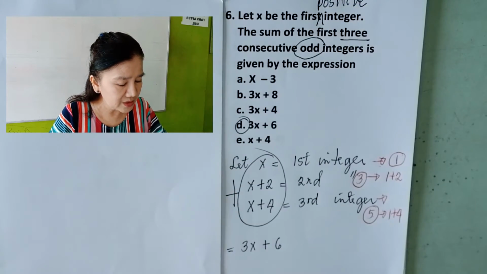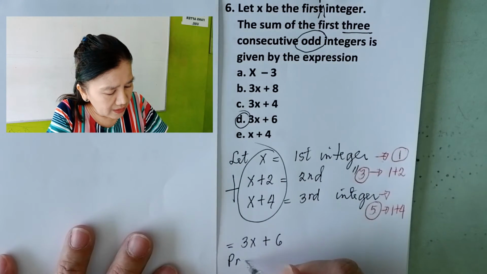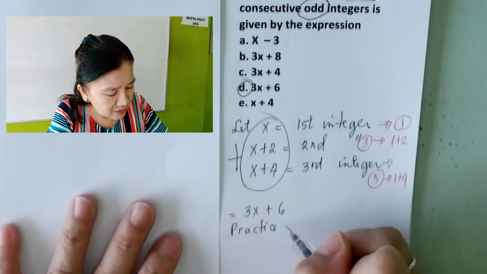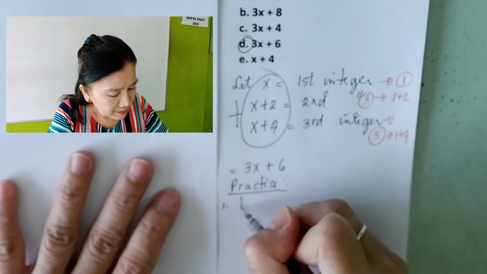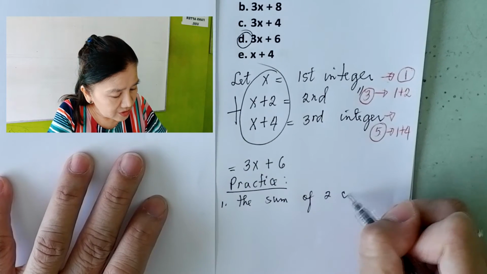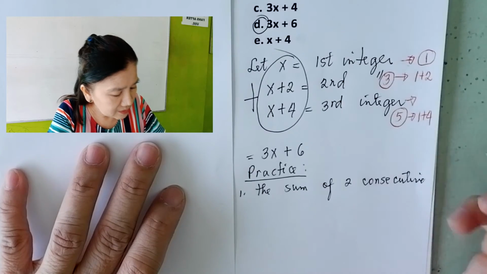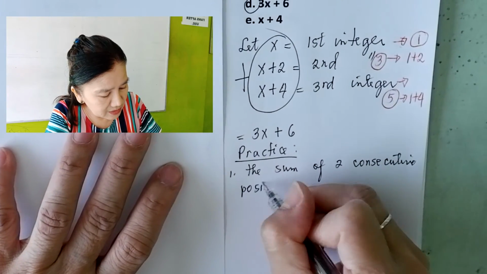Can we please go back to number 6? I just want to give you exercises. Problem number 6. What if the problem is asking for the sum of 2 consecutive positive numbers?